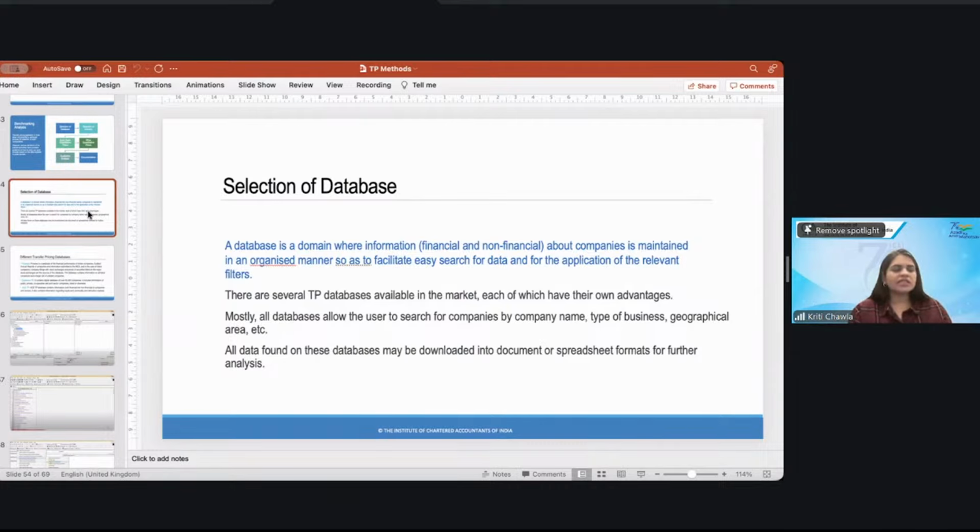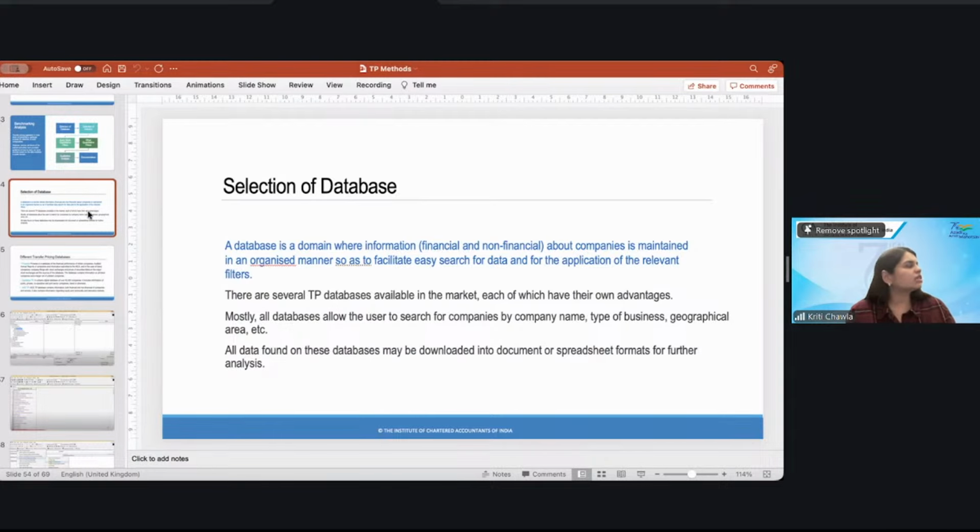All the databases have their own pros and cons. They have their own advantages. But all the databases will allow you to search the companies by their name, or by their business, by the industry that they operate in, by their SIC codes, geographical location, etc. And all these companies will have their financial information put up there.